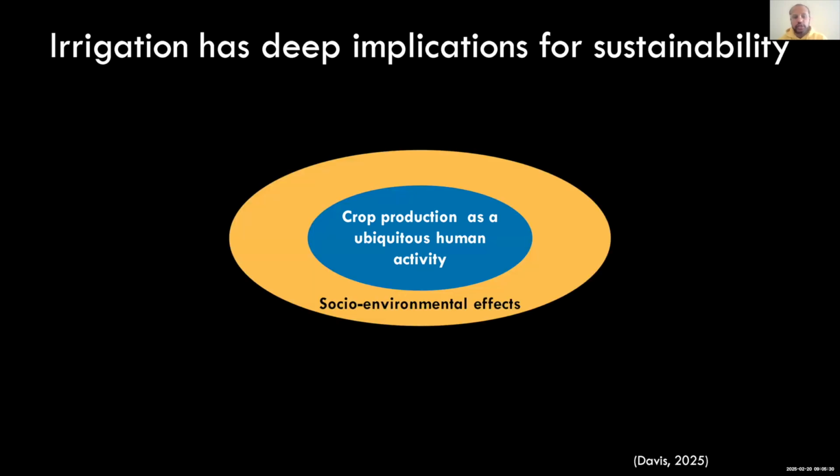Crop production in general and irrigation in particular have several socio-environmental effects, both positive and negative. Some of them affect natural resources, as crop production entirely depends on the availability of natural resources, including water and soil.